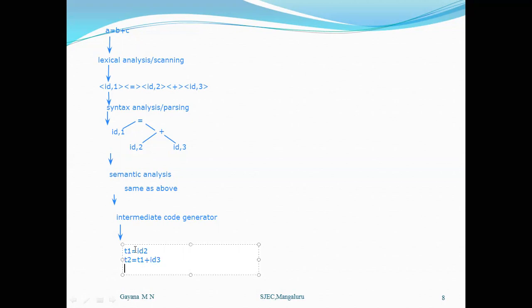And the next step would be assigning to ID1 the answer contained in T2. If I assume that this is how the code has been generated, correct? Now this will be the output of the intermediate code generator. So after this, what happens? The next step would be to optimize whatever intermediate code has been generated, correct? So this is then given to which component? It is then given to the code optimizer.